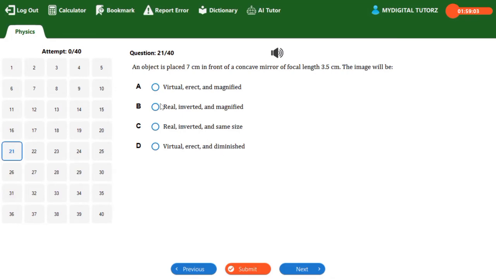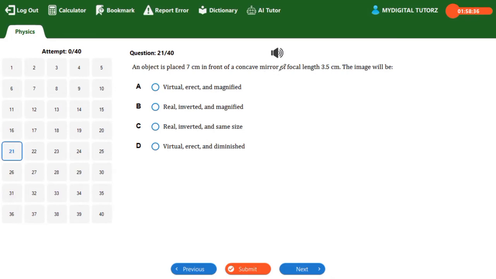Before we can decide our answer, we have to use the mirror formula to get the image distance or image size, right? Remember our mirror formula.